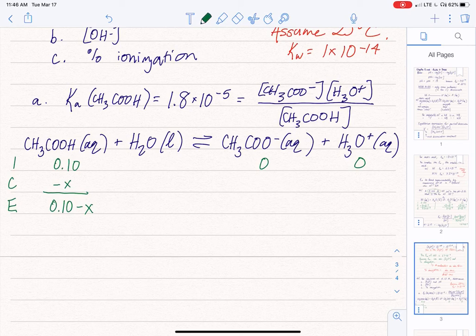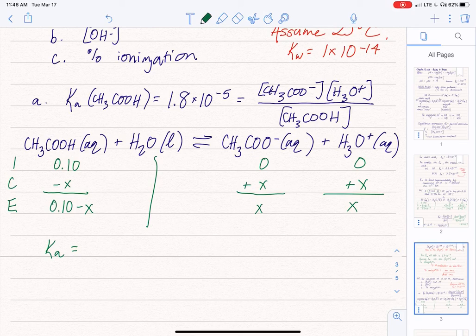So if I have negative x on the left side, I'm going to have positive x for the stuff on the right side. We don't care about water because it doesn't feature in the Ka expression. So 0 plus x is x, 0 plus x is x. Now I have my equilibrium concentrations, and I can plug them into the expression for Ka.